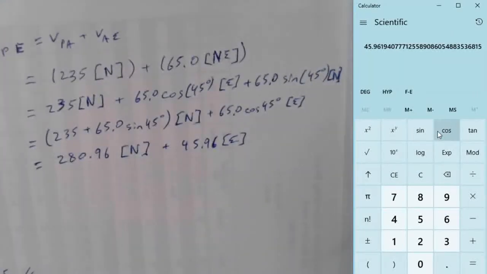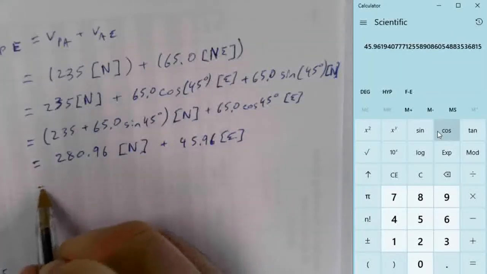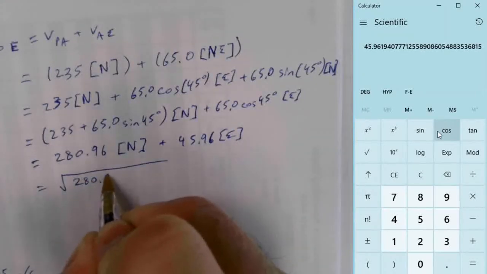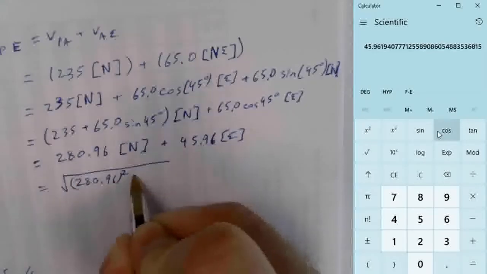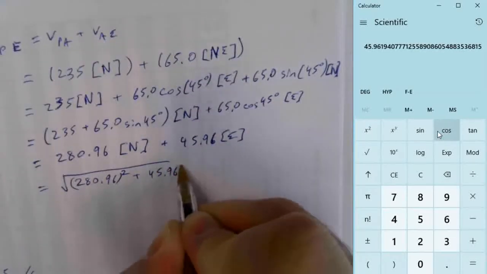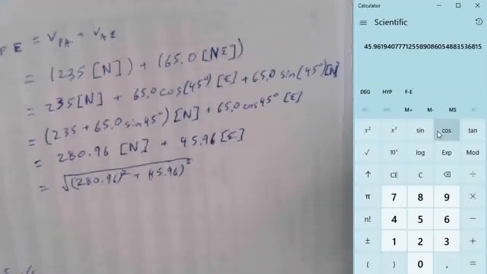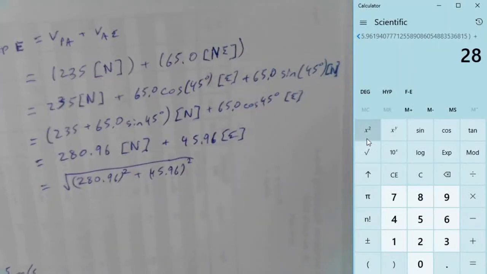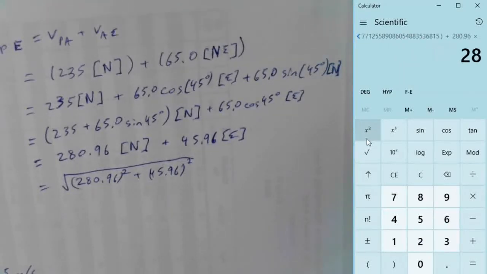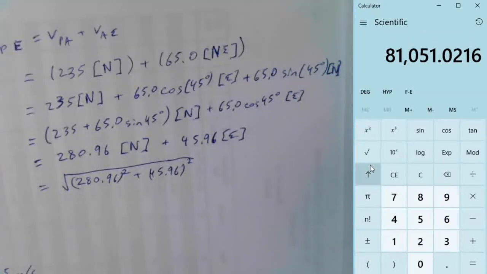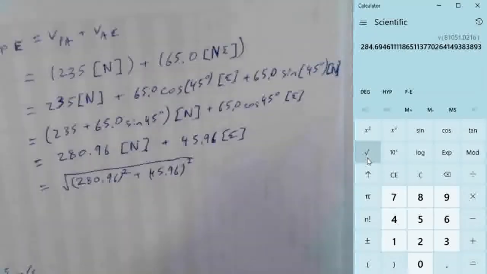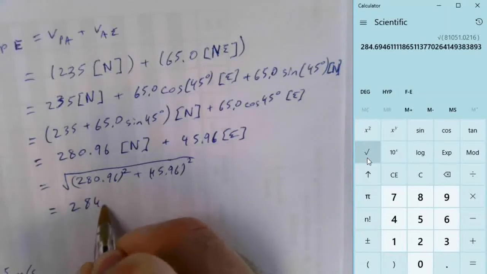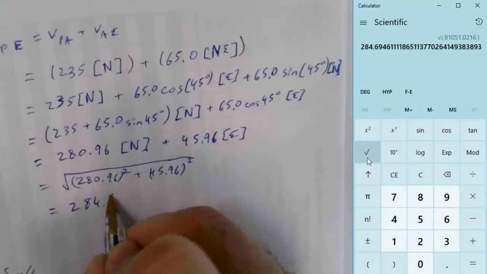I now have to find out my vector addition from this. So 280.96 squared plus 45.96 squared gets us to this value. Find the square root of that, and we're left with a value of 284.69.